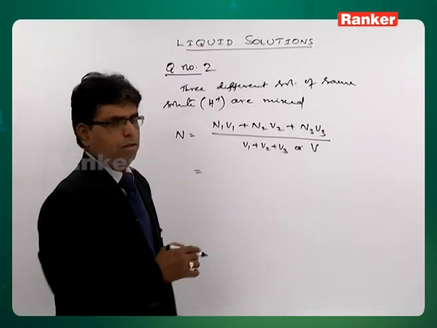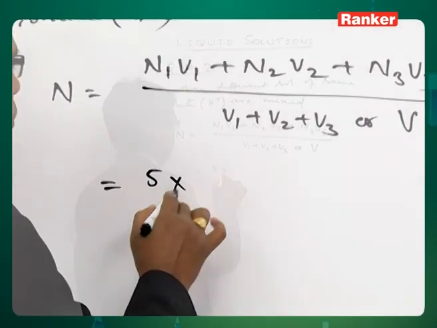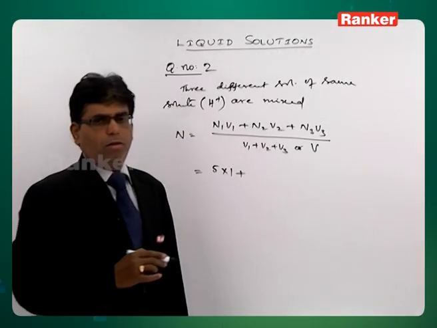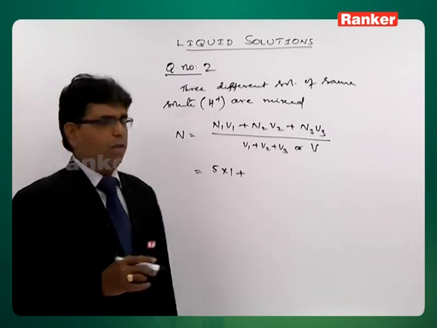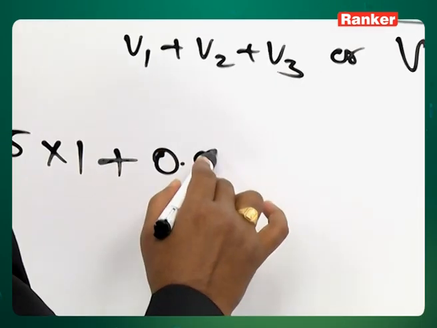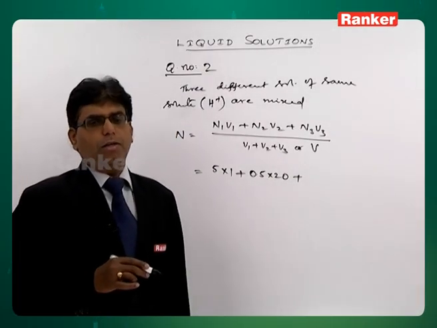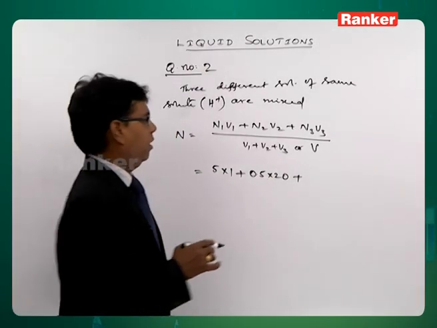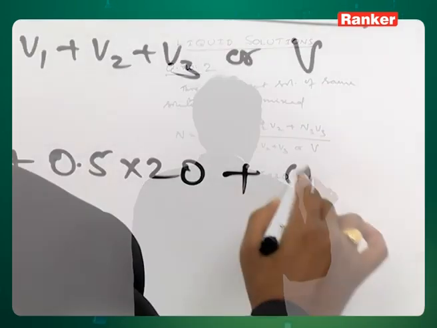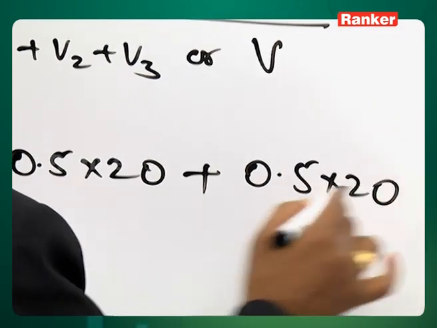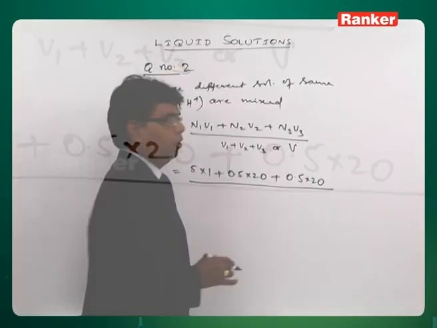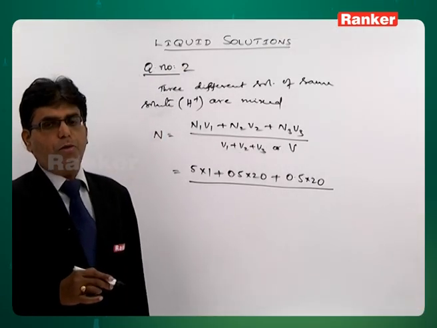So, it is 5 into 1, plus N by 2 means 0.5 normal, 20 ml, 0.5 into 20, plus 30 ml of 0.5 normal nitric acid. So, it is again 0.5 into 30, divided by the total volume. The total volume is made to 1 liter.